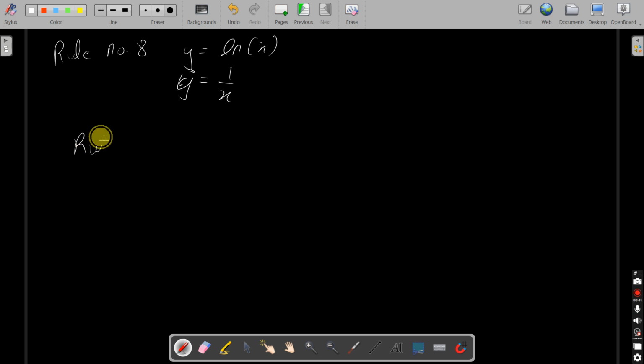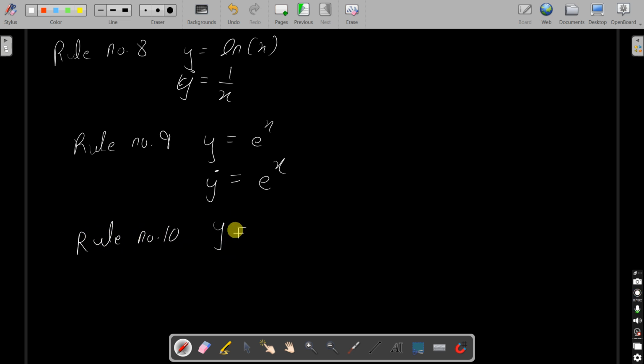Rule number 9. If y is equal to e to the power x, then y dot will be the same, e to the power x. And the last rule, rule number 10. If y is equal to e to the power negative x, then dy by dx will be minus e to the power minus x.